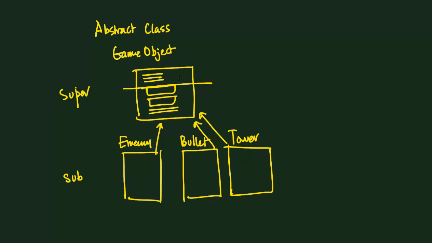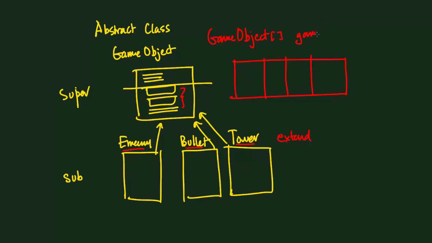Now there's a couple of advantages. One, as I've already said, I have all of this code in here that all of these classes are going to have access to because they extend the abstract class, or the superclass in general. The other big advantage is that I can create an array or an array list of type GameObject. So let's say I declare an array of GameObject and call it gameObjects.